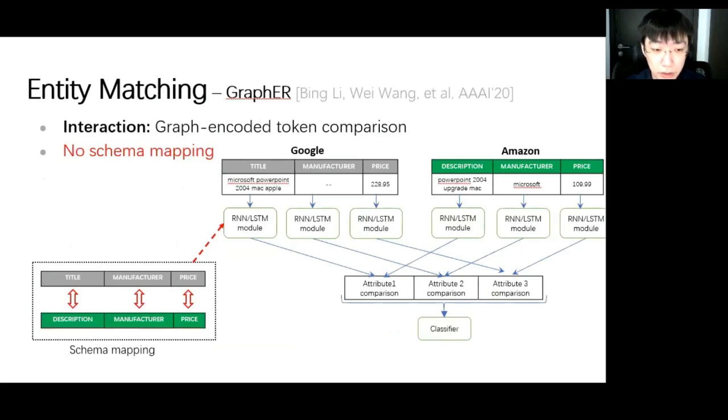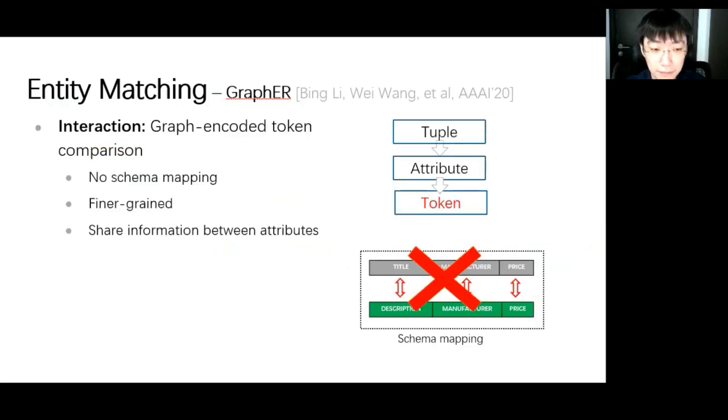Another model is GraphER, which uses a graph-based method. This is the first to explore the graph structure and apply a graph convolutional neural network to do the representation learning. This setting is quite different from others that simply treat the tuples or attributes as a linear word sequence. GraphER also proposes a token-centric comparison strategy.